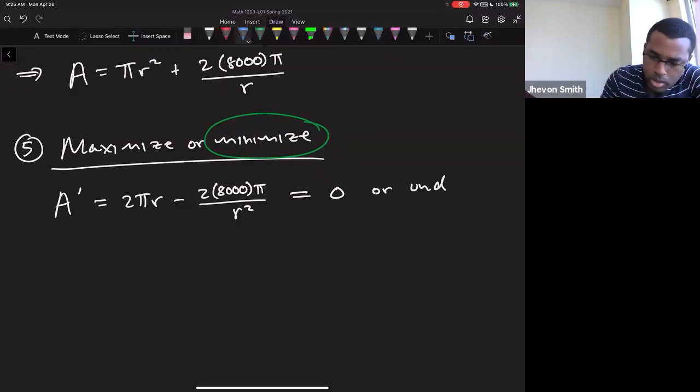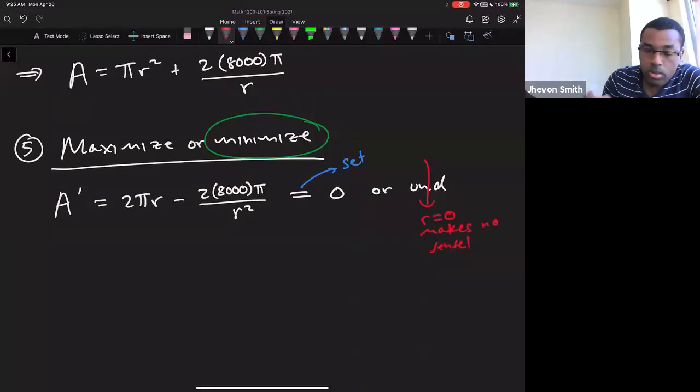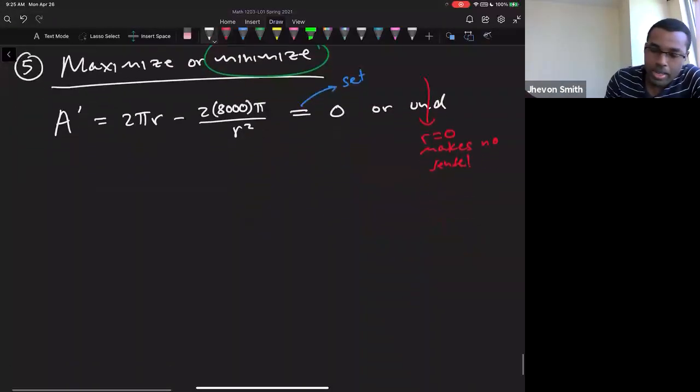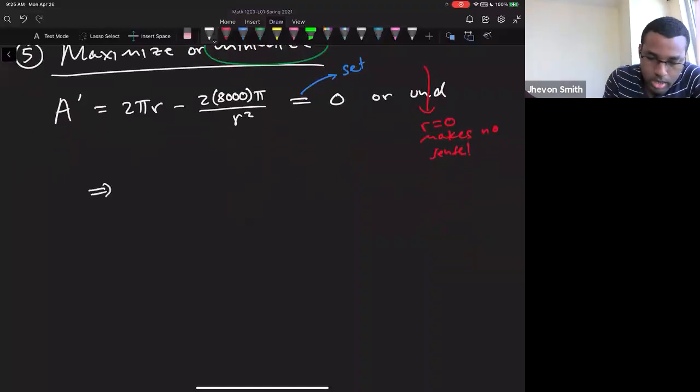Normally I would put that in blue. Let's put that in blue. Set this 0 or undefined. Undefined would mean r equals 0. Makes no sense. Well, it does, but it would be no can.